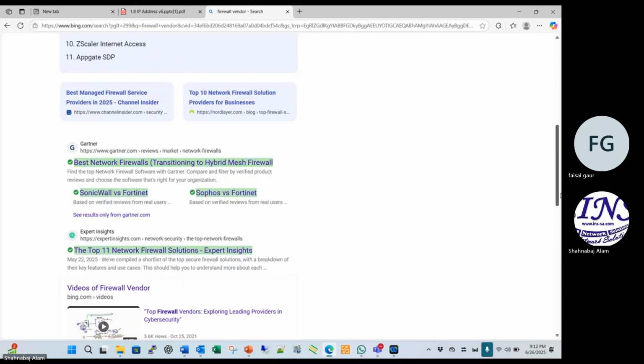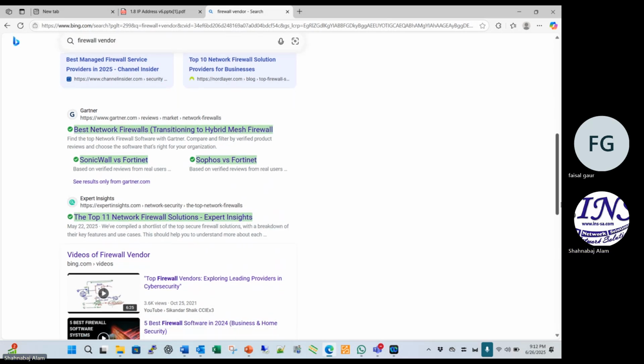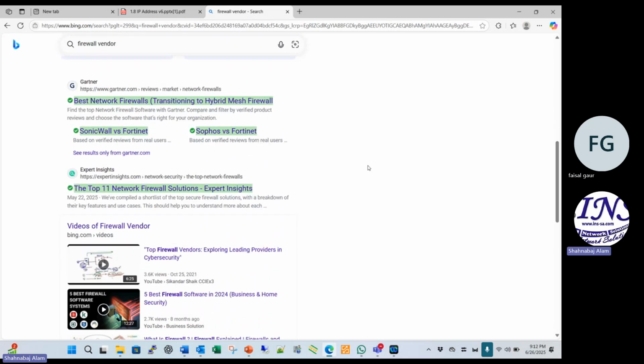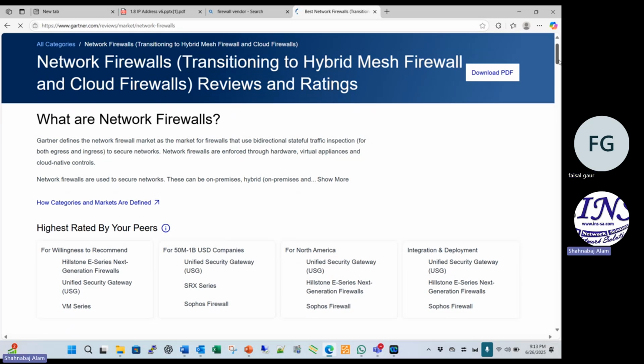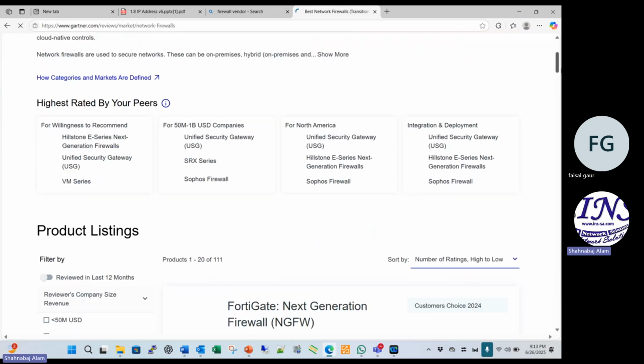Okay. Yes, you can see the best firewalls here. You see my screen? Yes, bro. Network firewall and cloud firewall reviews and ratings.